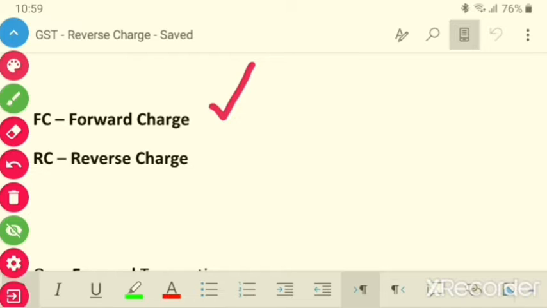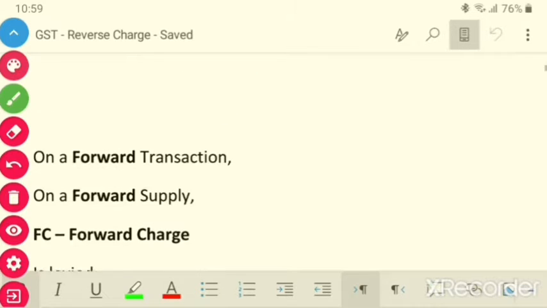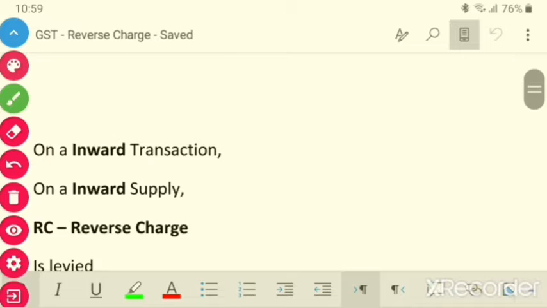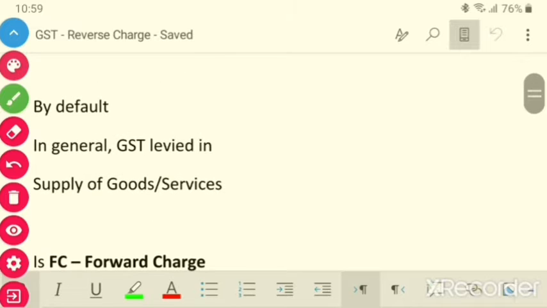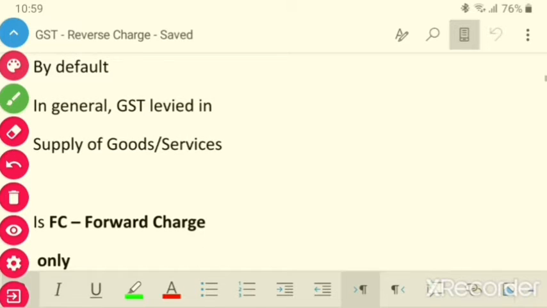So by default, in general, GST levied on supply of goods and services is forward charge only.